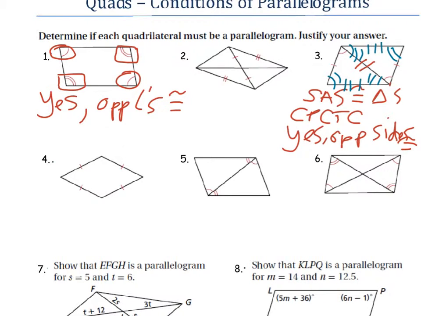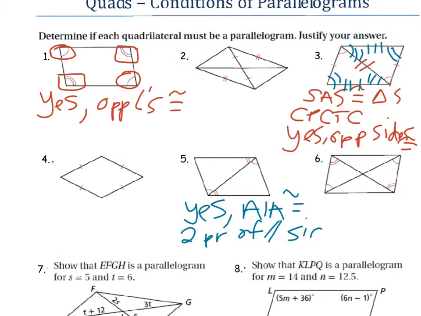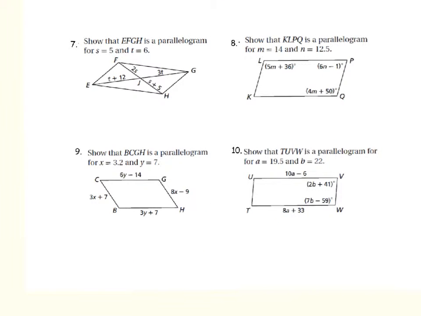Well, we had a property that said if you have alternate interior angles that are congruent, then you have parallel lines. So yes, this is a parallelogram. Because the alternate interior angles are congruent, that means we have our definition: 2 pair of parallel sides. So yes, those are parallelograms.